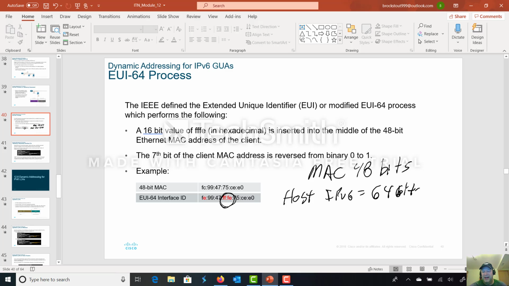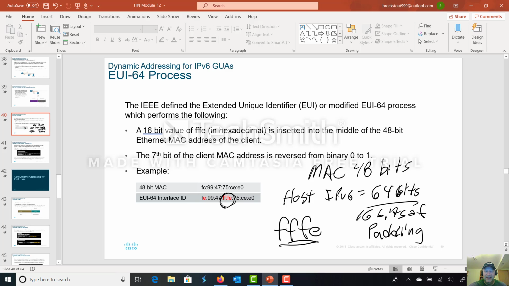So that being said, there's 16 bits of padding that need to be added. And those 16 bits of padding end up as F, F, F, E. And they just throw that right in the middle.